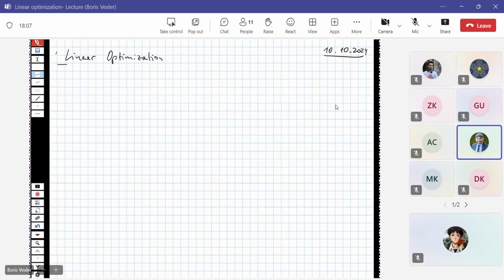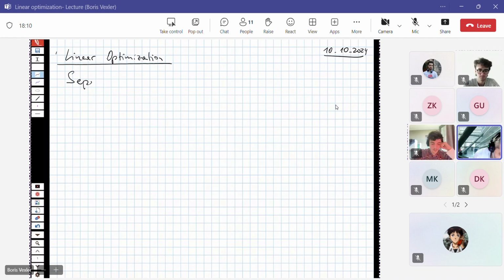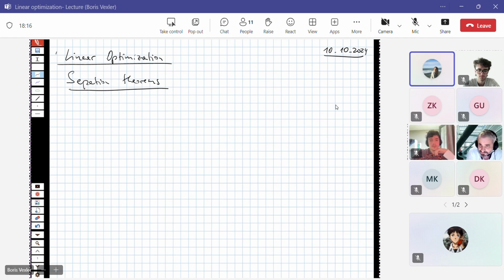Okay, it means our topic now is still separation theorems. In some minutes, I will recall also the separation theorems we had already. But before doing this, let us recall the lemma which we considered last lecture.